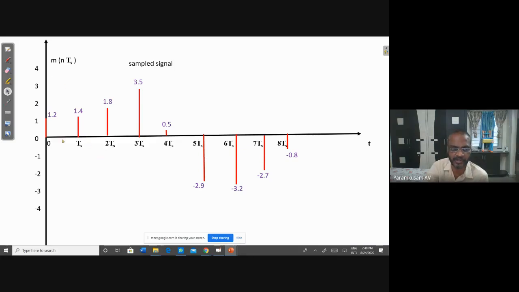Only the time axis is made discrete. Now quantization is a process which converts this sampled signal, that is a continuous amplitude and discrete time signal, into a discrete amplitude, discrete time signal.